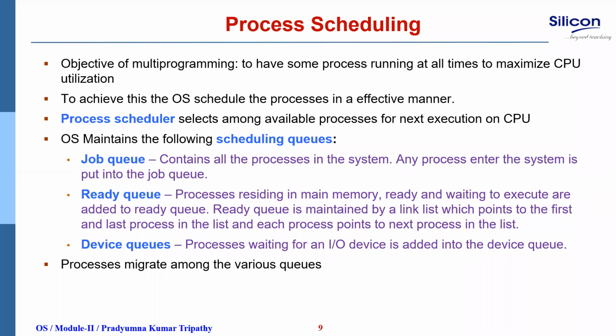Suppose I have 4 processes running; the operating system schedules which one will execute in what order, so that the CPU will always be busy. So the process scheduler selects among available processes for the next execution on the CPU.